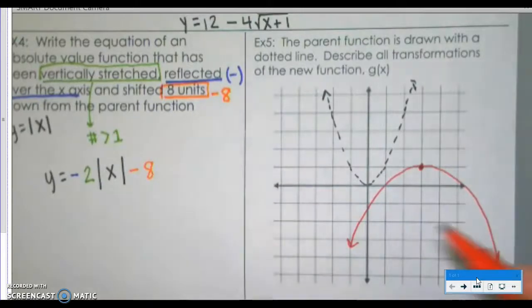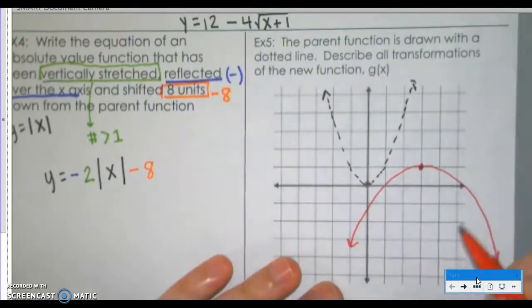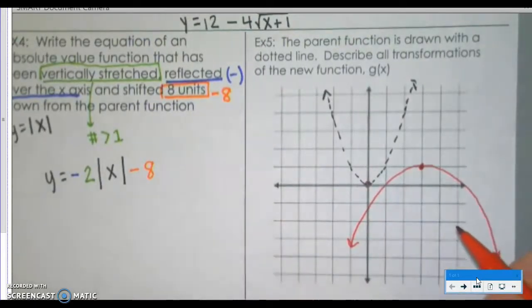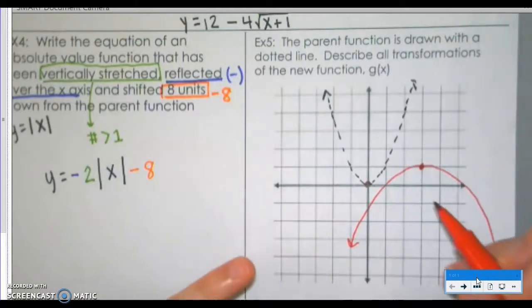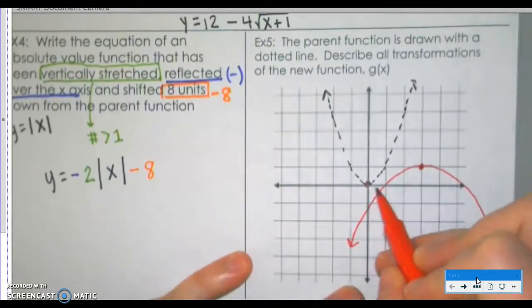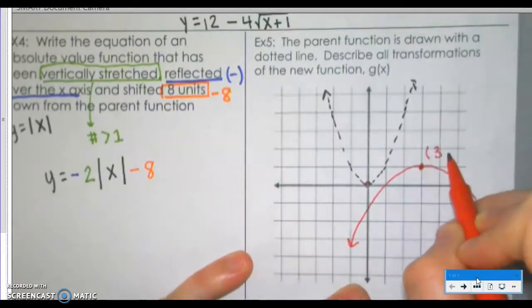All right, when you're looking at a graph, whatever key, vertex, or initial point, or if there's an asymptote, that's going to be a point of reference for where the graph got shifted left, right, up, or down. So if my old vertex was at 0, 0, my new vertex is at the point 3, 1.